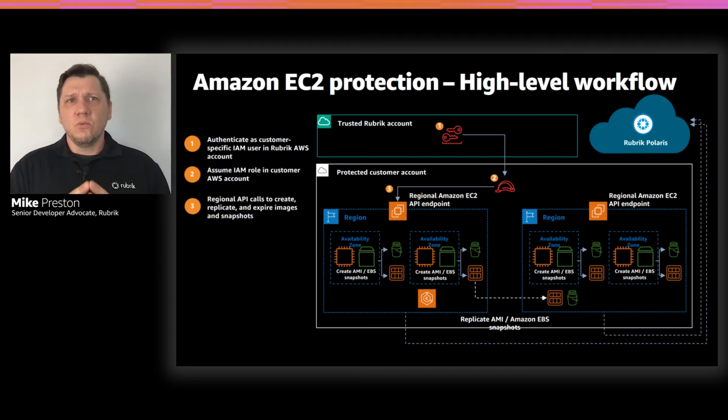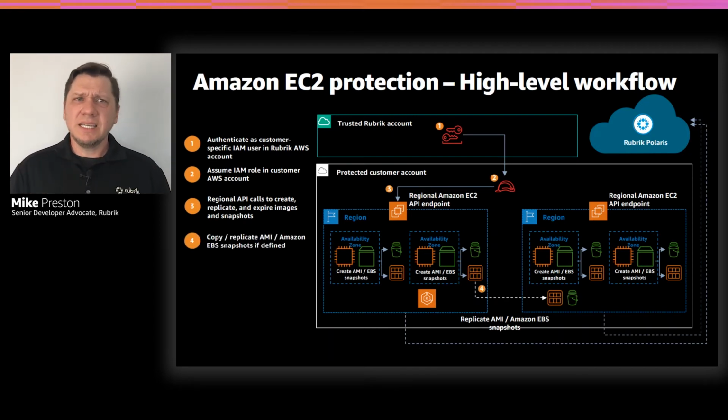So first, we make the appropriate API calls into the customer's environment in order to create and expire and manage all of those EBS volume snapshots for the EC2 instances that you have set up to be protected. Secondly, if you turned on replication within the SLA domain, we'll go ahead and issue copy snapshot API calls to move that data from region to region, always adhering to the constructs of what you set up within the policy.